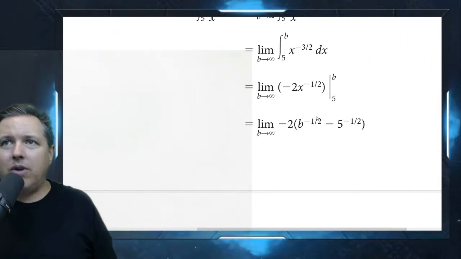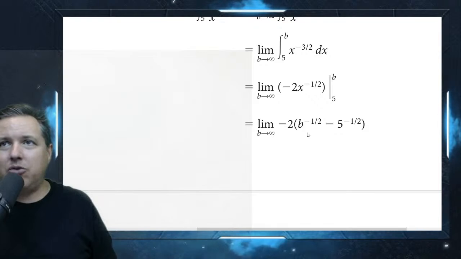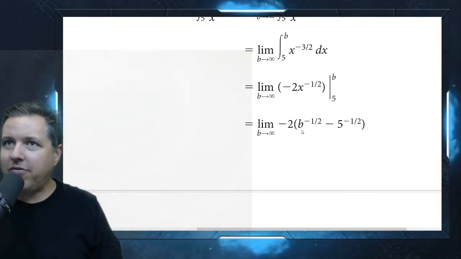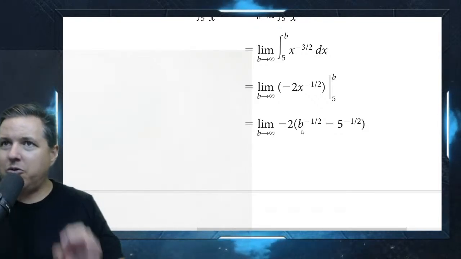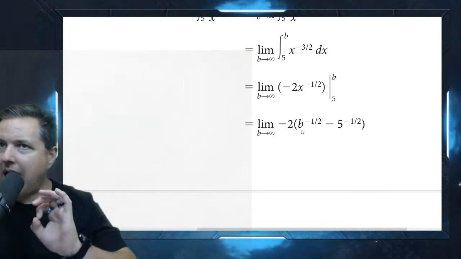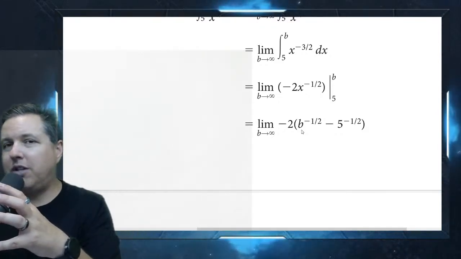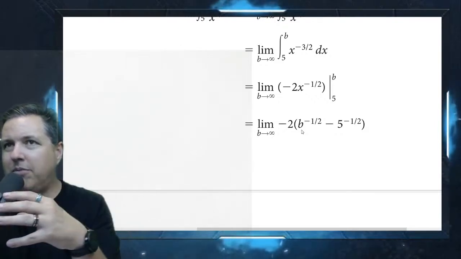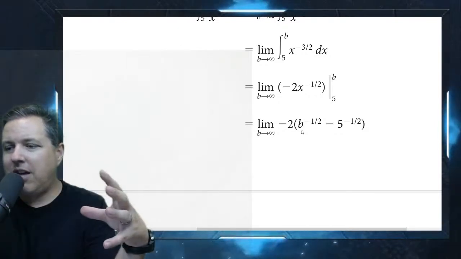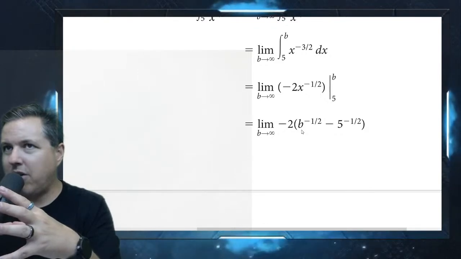Okay, but what's going to happen here as b goes to infinity? Well, remember this negative exponent is actually putting b in the denominator of a fraction. This would be 1 over b to the 1/2. So as b explodes, think about what a fraction does. When the denominator blows up but the numerator stays fixed, that whole fraction shrinks down to 0.